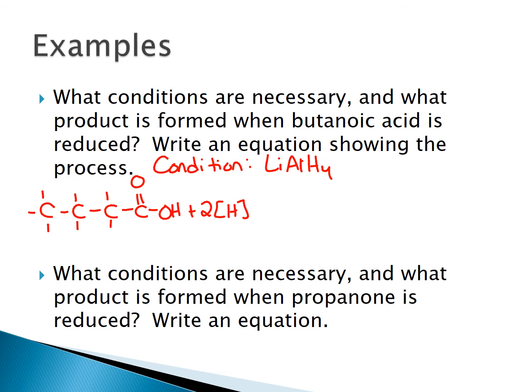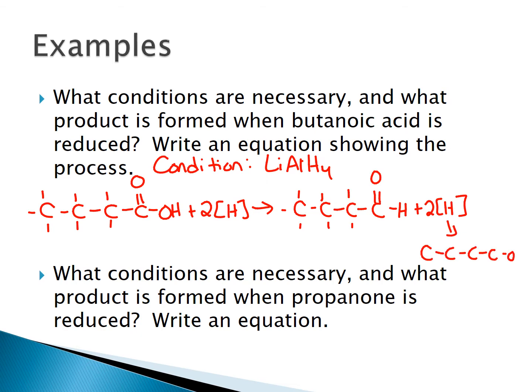But those, of course, are all hydrogens. So in the first step, I would produce butanal. And then it could be further reduced to form butan-1-ol.